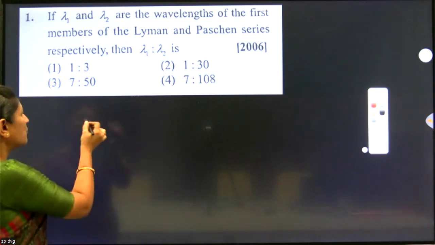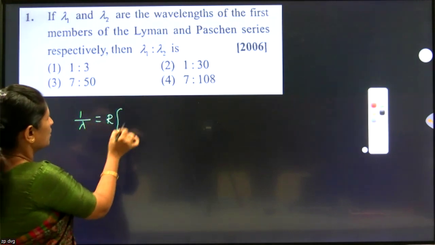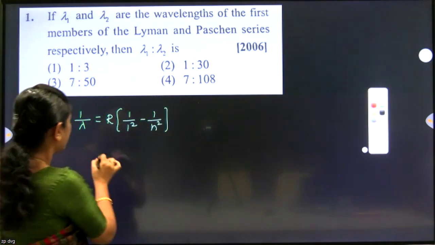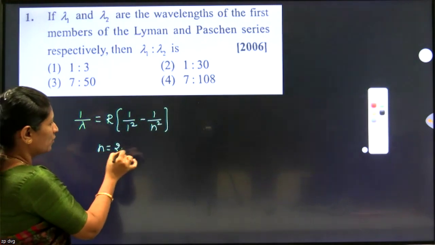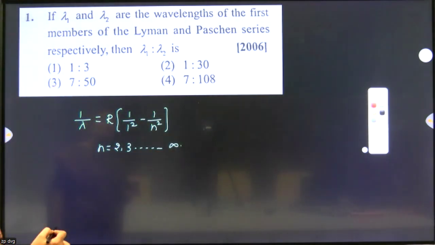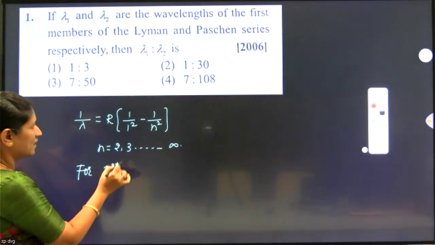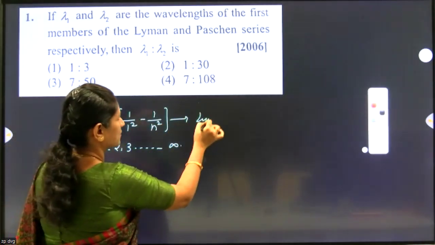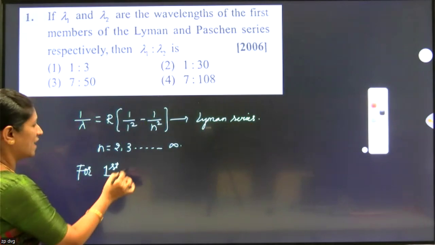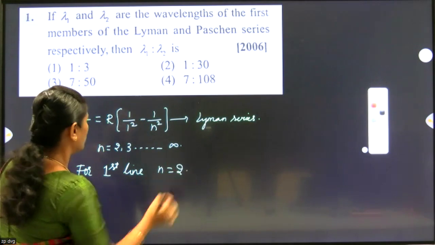Therefore, its Rydberg's formula is 1 by lambda equal to R into 1 by 1 square minus 1 by n square. Here, n is equal to 2, 3, etc. up to infinity. For the first line of Lyman series, n is equal to 2.